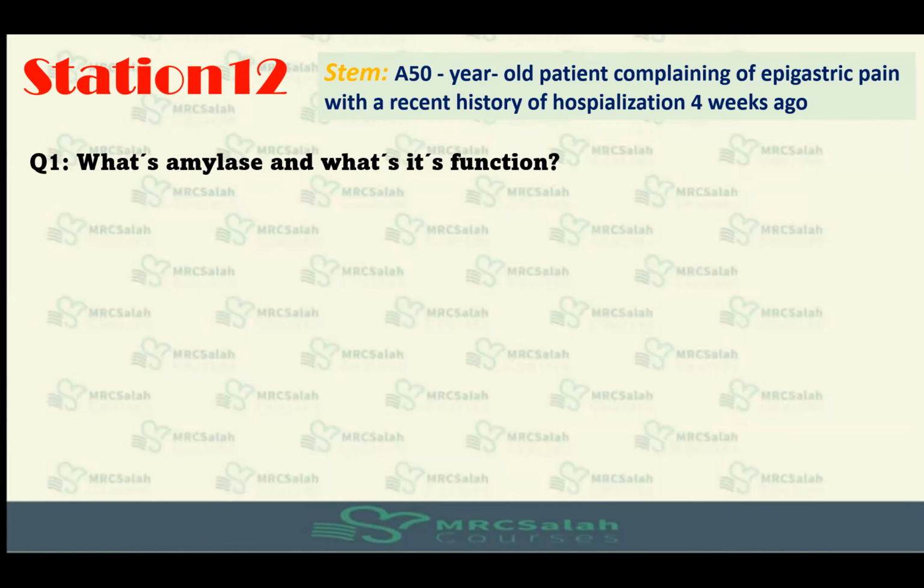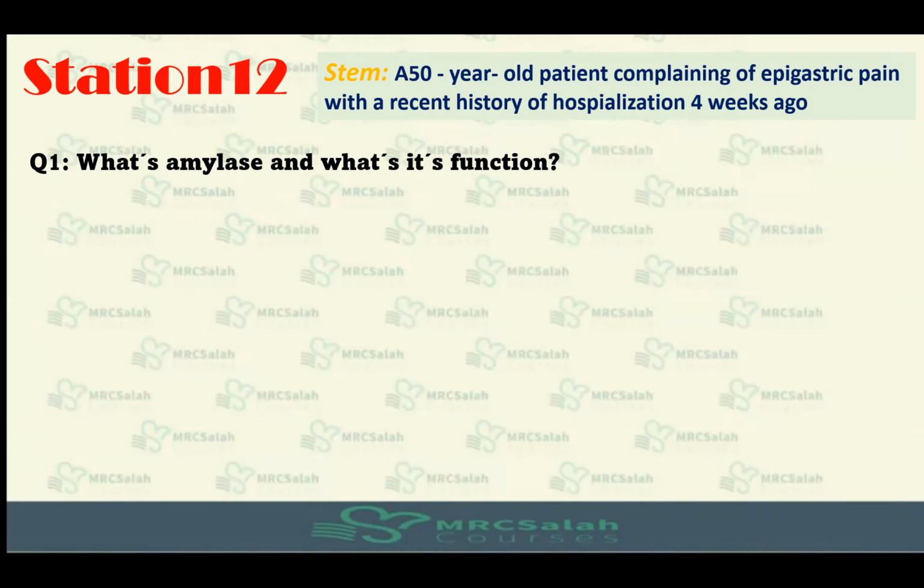Amylase is a group of proteins found in the saliva and pancreatic juice. The function of amylase is that it is a glycoside hydrolase and acts on alpha-1,4 glycosidic bonds to convert starch into small carbohydrate molecules.